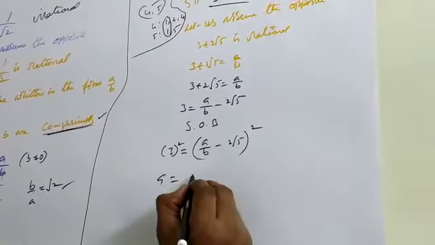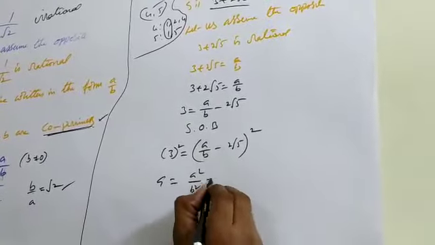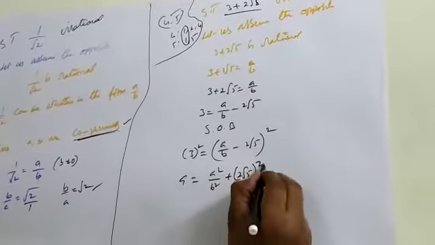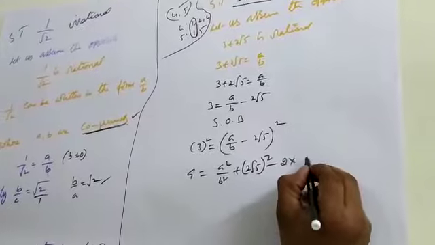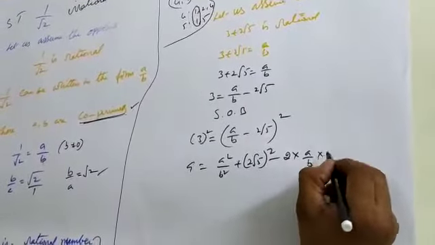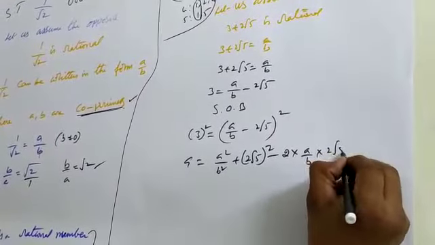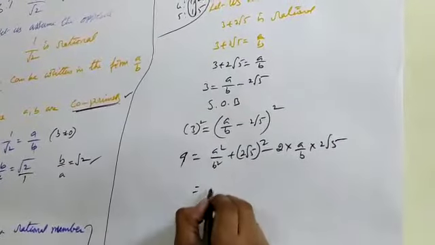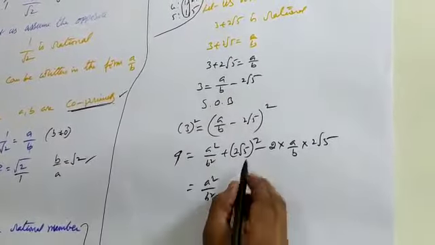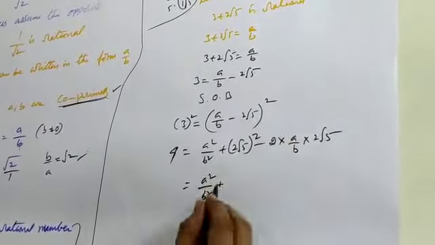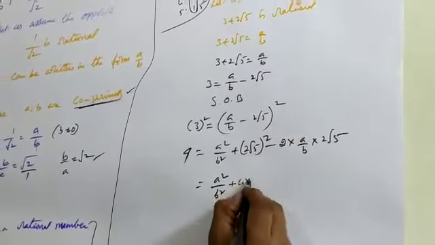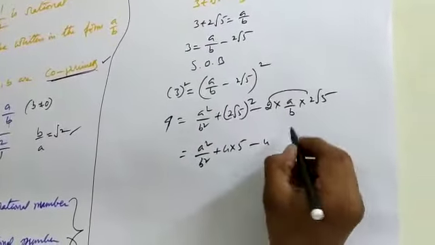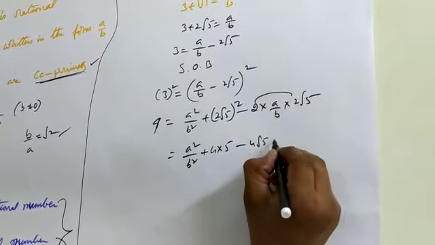Therefore (a by b) whole square, a square by b square, plus root 5 whole square, which is 5, minus 2 into a by b into root 5. So 9 is equal to a square by b square plus 5 minus 2 root 5 a by b.